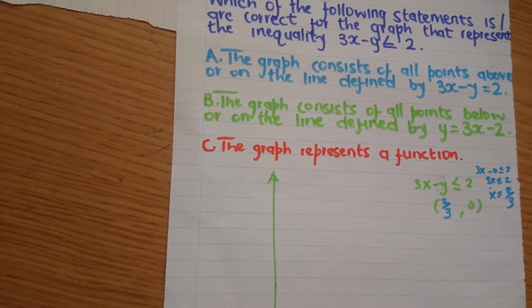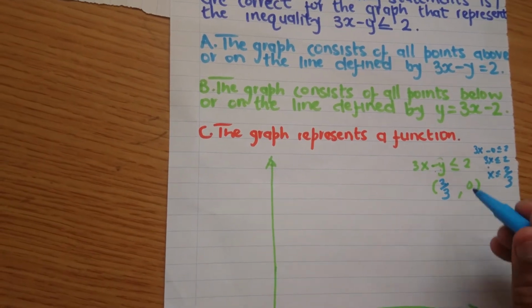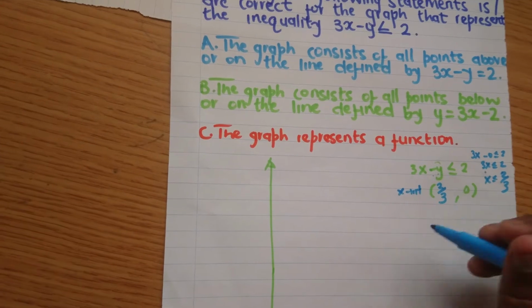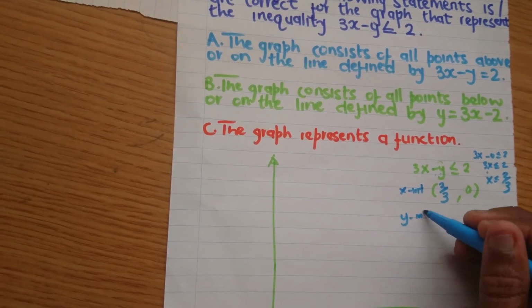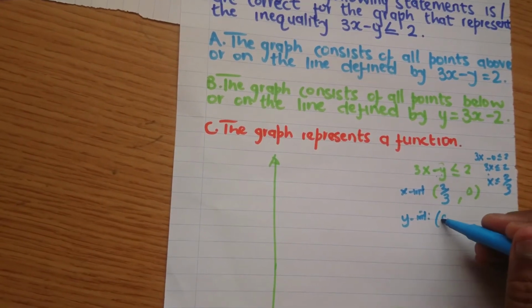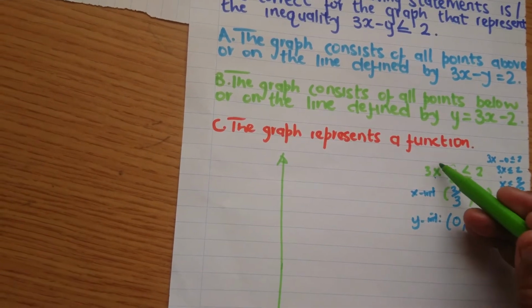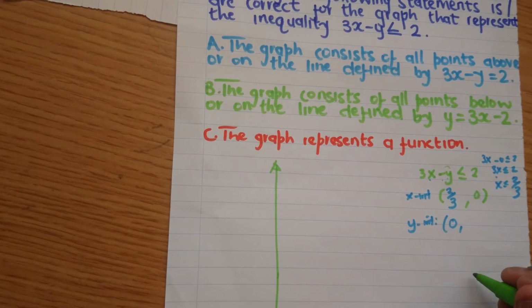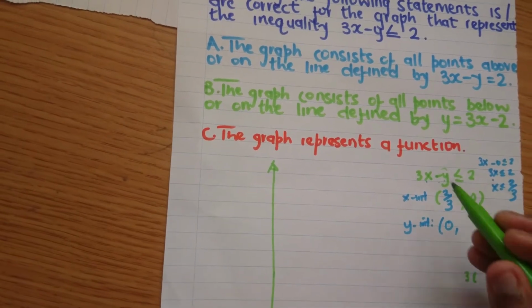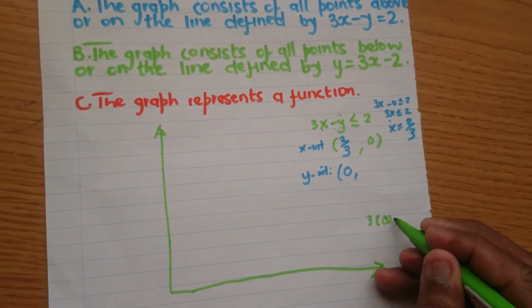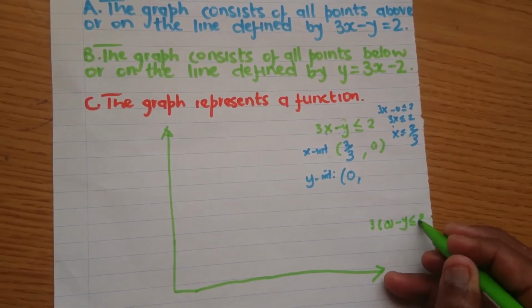So now we want to get the y-intercept. For the y-intercept, x equals 0. So this was the x-intercept here. For the y-intercept, x equals 0, and when x equals 0, we're going to have a negative y here. So 3 times 0, and then minus y less than or equal to 2.